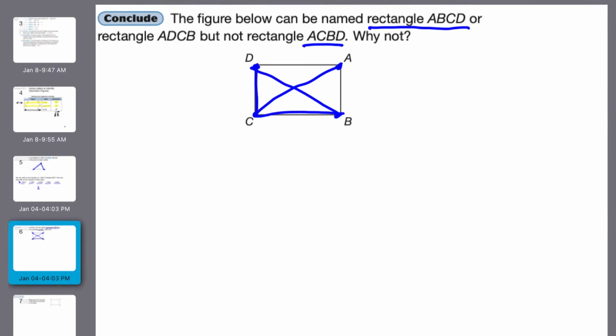It has to follow the lines on the outside, or the edges. So I can name it ABCD or I can name it ADCB, but I cannot name it ACBD because that would not be following the edges of my rectangle. So that's a no.